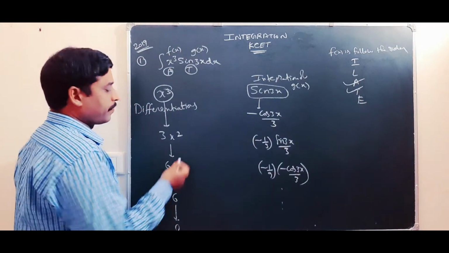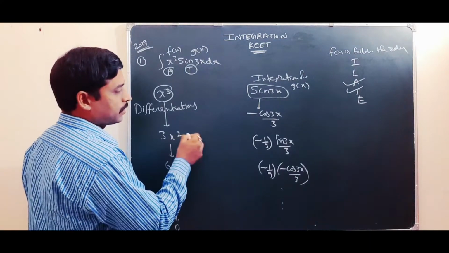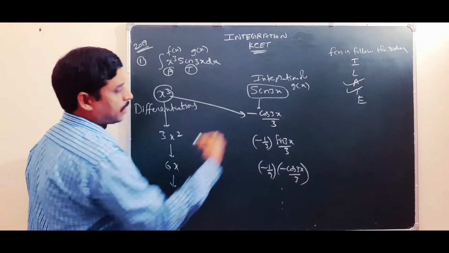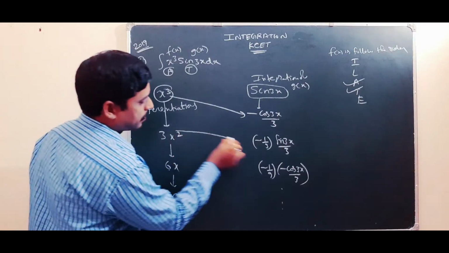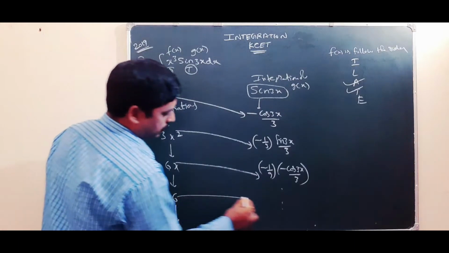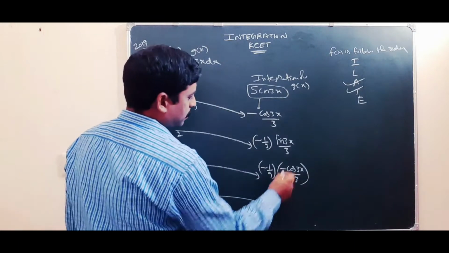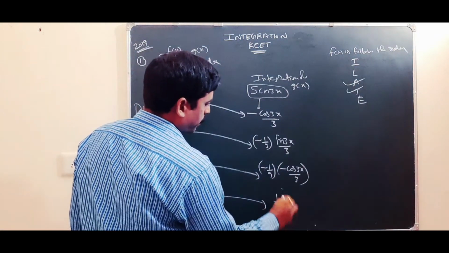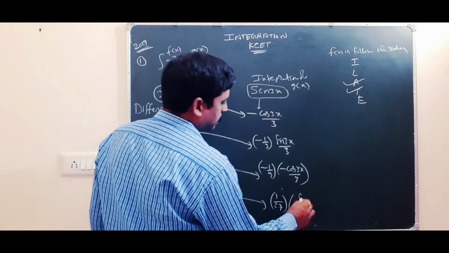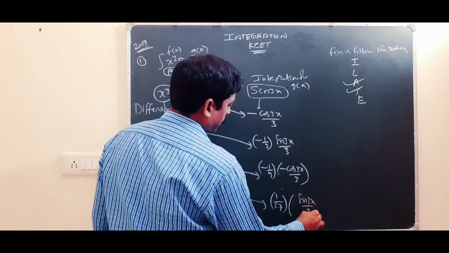We multiply as the arrows indicate. So 6 into minus into minus, plus 1 by 27 into integral cos 3x. Integral cos 3x is sin 3x by 3.